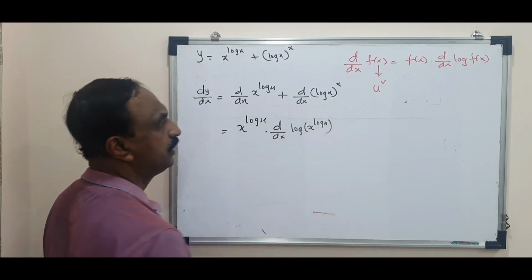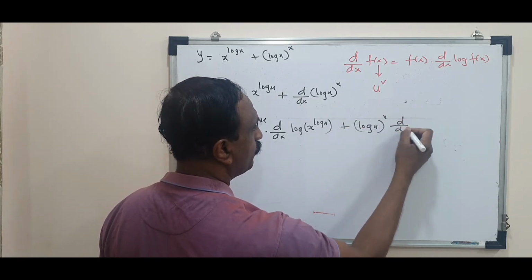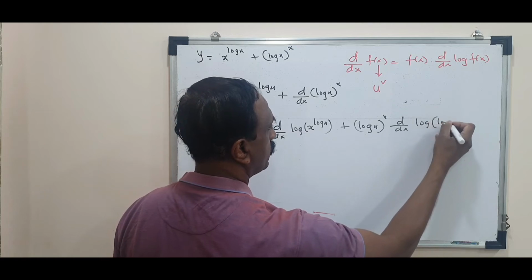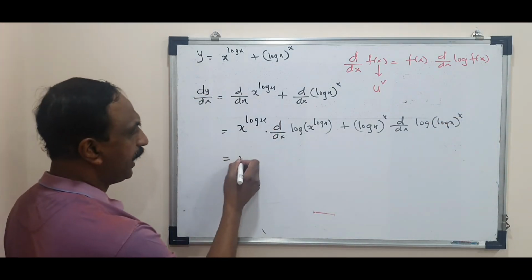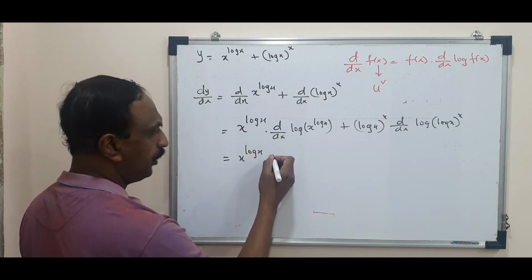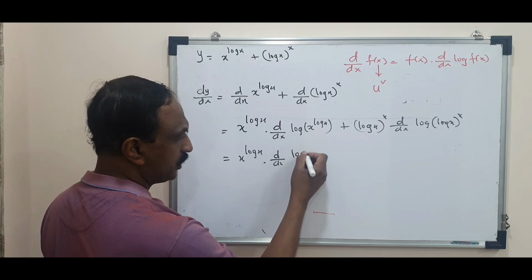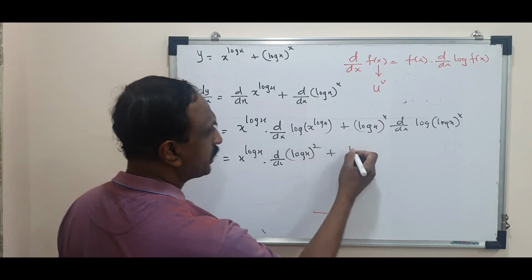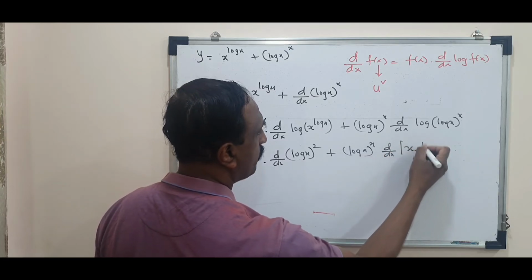Don't forget the log. Plus function into derivative of log of the function. So you don't have to take any u or v. Directly you can apply. So x raised to log x into derivative of log x into log x, so log x the whole square, plus log x raised to x into derivative of x times log of log x.